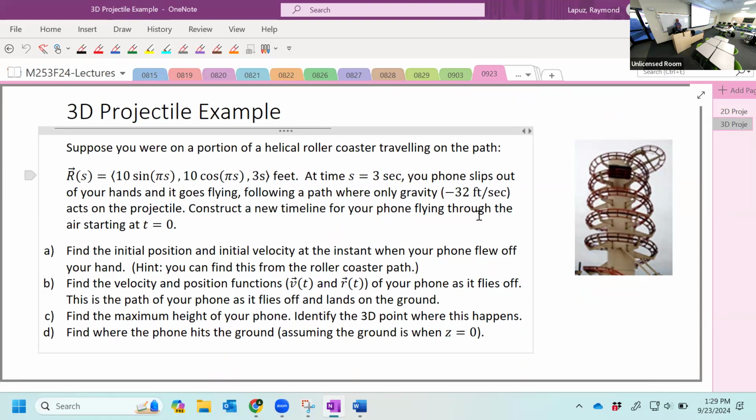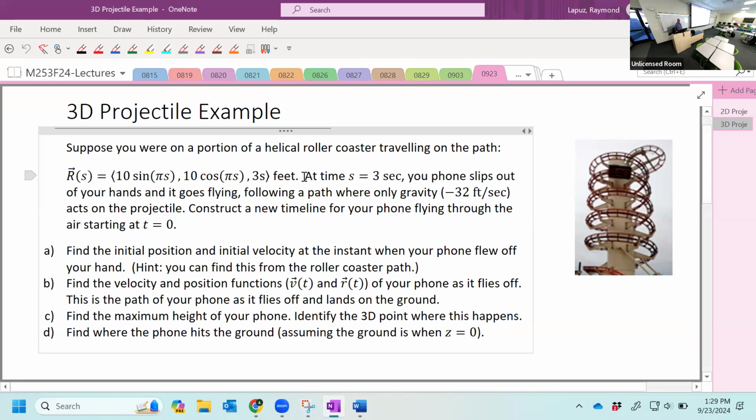I'm taking it out and changing it. So here you're supposing that you're in a helical roller coaster traveling on a specific path. And the path is going to be 10 sine pi s, 10 cosine pi s, and 3s. So we're in feet again, so we'll keep that in mind.